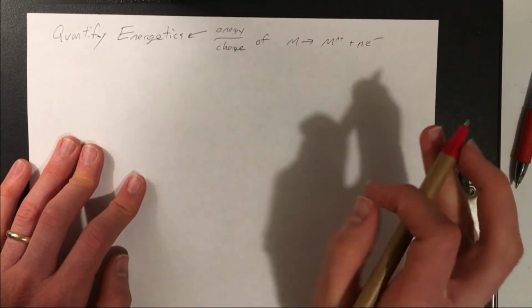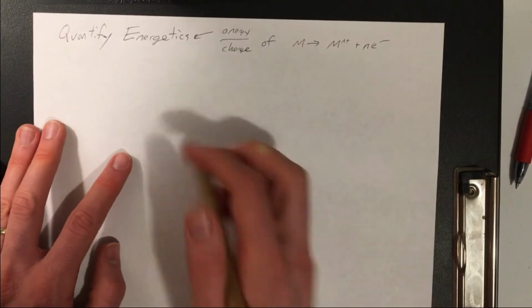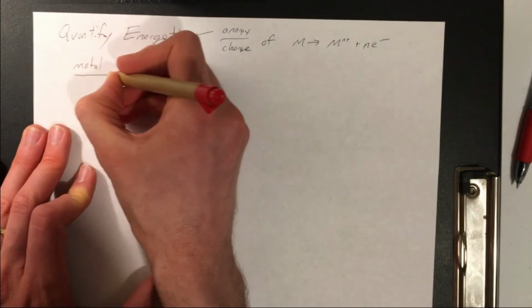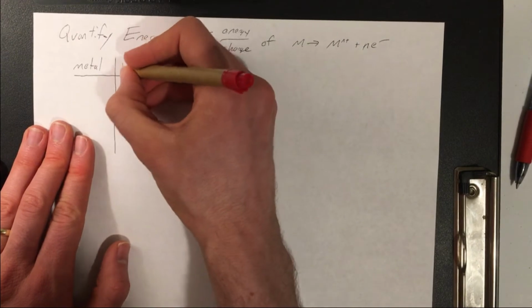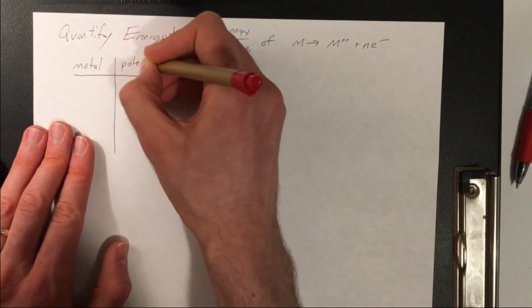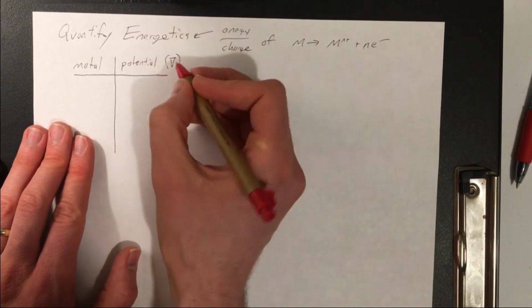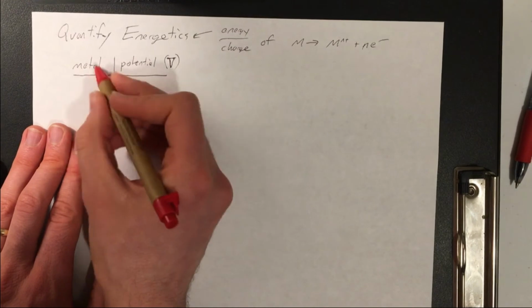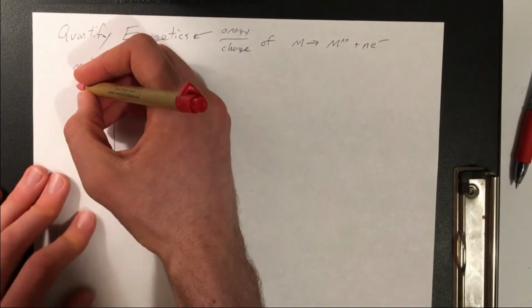So let's talk about some common values for particular metals. I'll sort them by this potential, or this energy per charge. This would be in units of volts, and the metal would be right here. So let's talk about a bunch of metals.